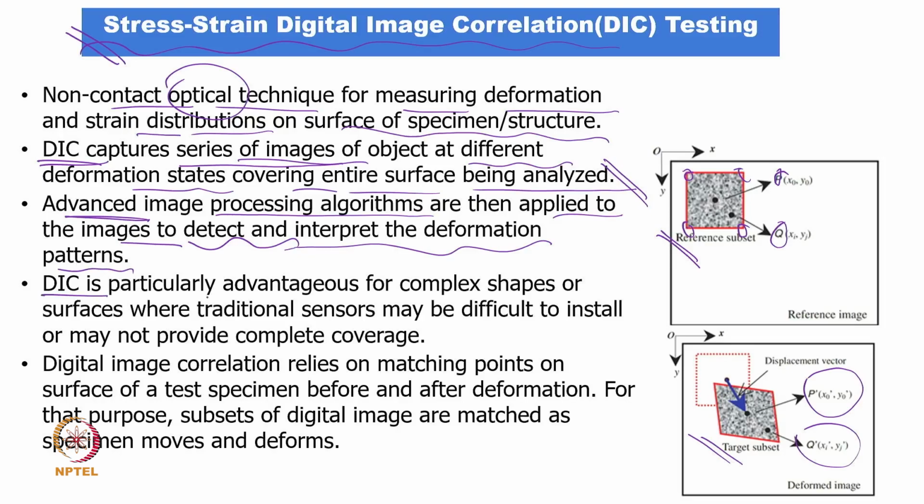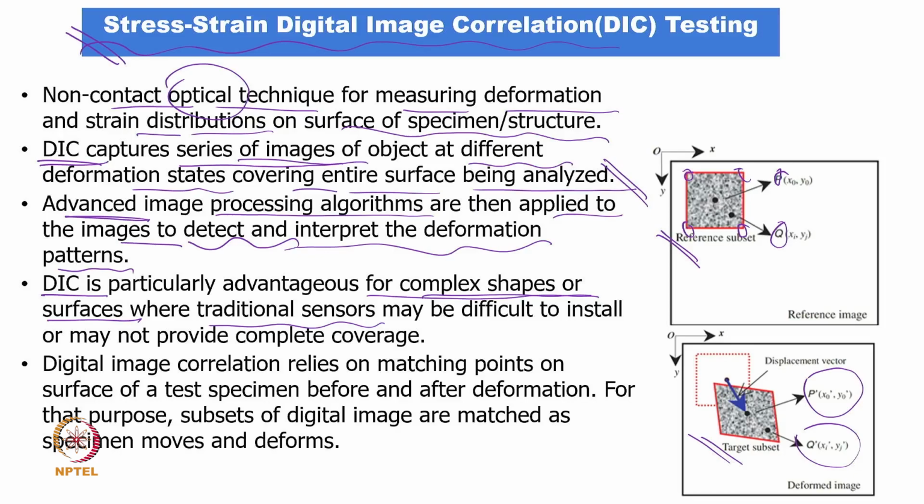DIC has an advantage where the surface itself is irregular, or the surface undergoes too much expansion or compression. Wherever complex shapes or complex surfaces come, we can go ahead with DIC, and it has advantages compared to the traditional sensors which we have covered in earlier techniques.